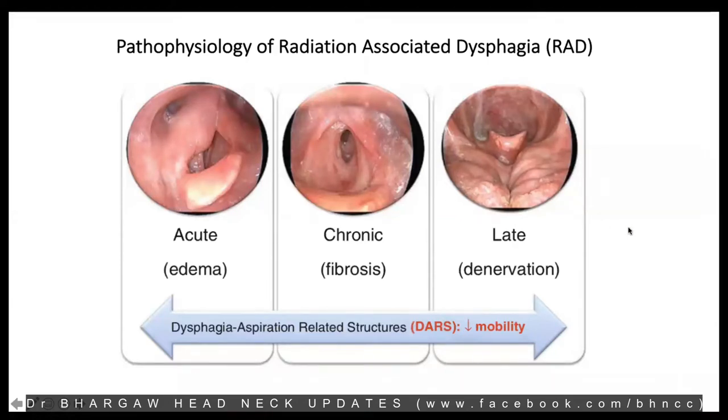So because of fibrosis and de-innervation, the patient progresses from an acute edema stage to a late fibrotic, insensate larynx and pharynx. The patient cannot feel the bolus of food going backwards and is not able to have that pharyngeal squeeze to push the food bolus down into the esophagus. This is what ends up making them dependent on some form of feeding tube.